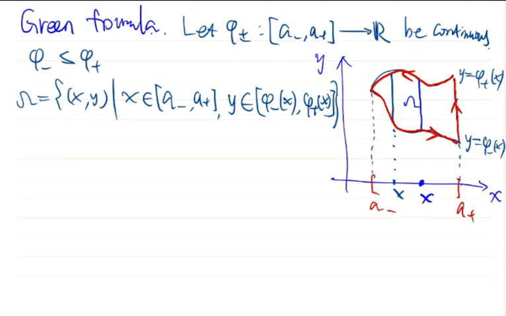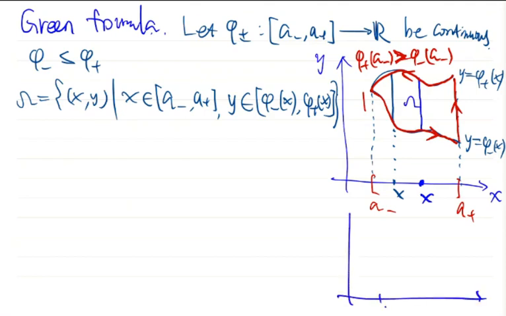The left boundary might also have a vertical part, but in this picture, the left vertical part shrinks to a common point, with y coordinate phi plus of a minus equal to phi minus of a minus. That is, the two coincide. If this is strictly greater than this, then they determine the vertical part on the left. Okay, that is the picture that can be shown in the next picture.